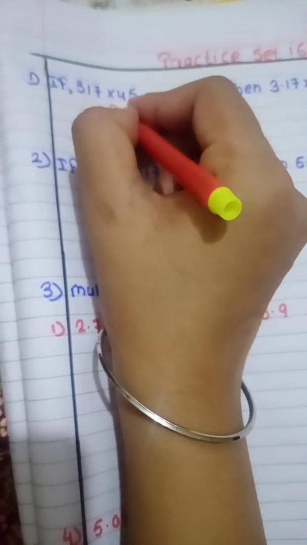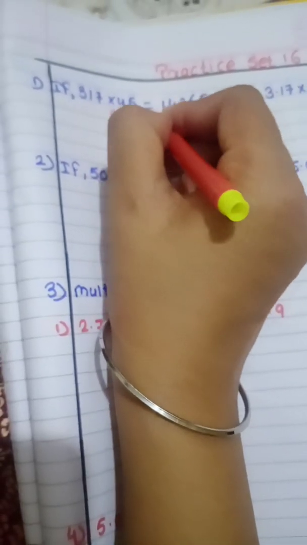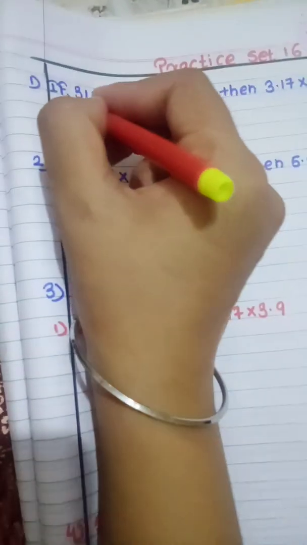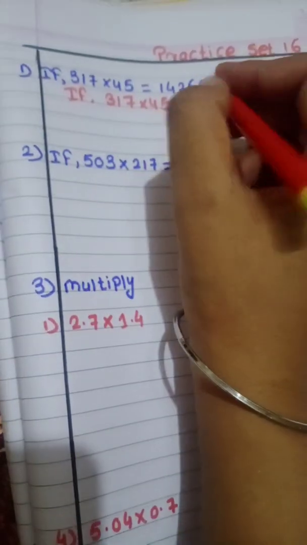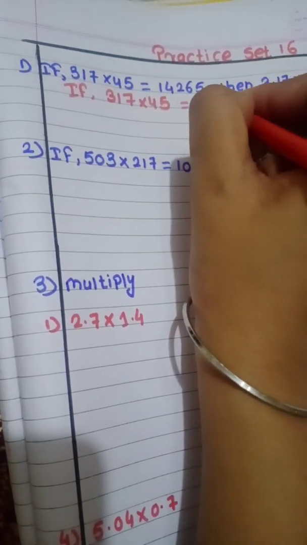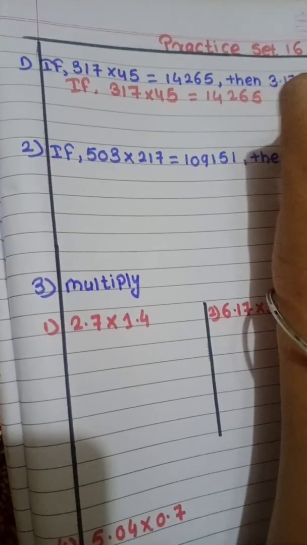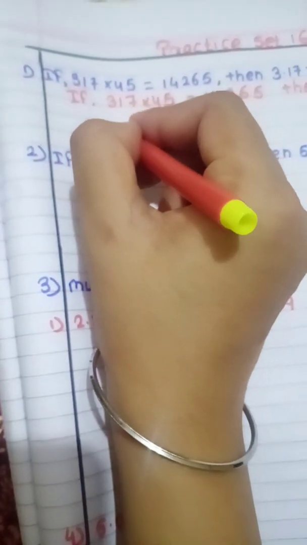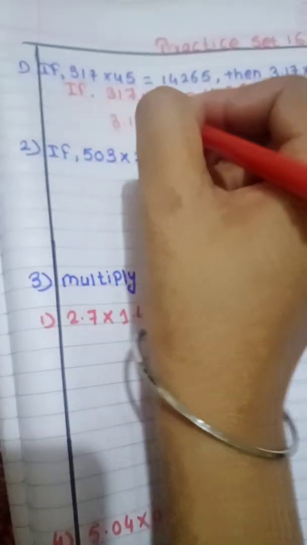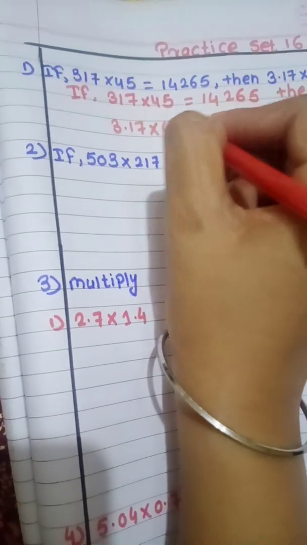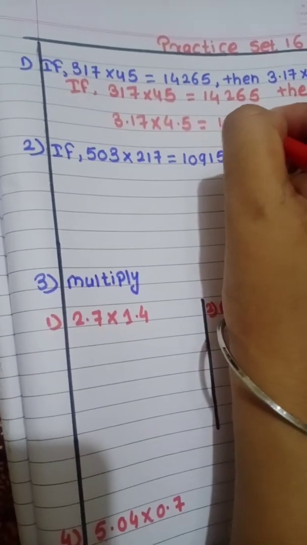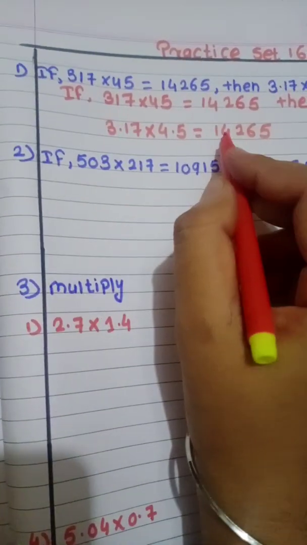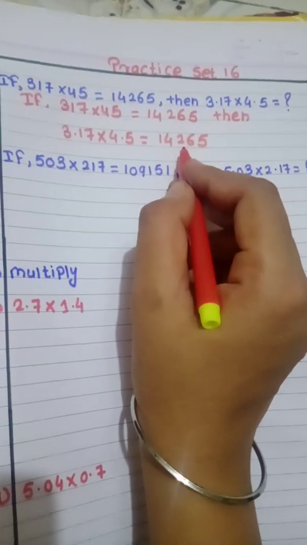Now see, we will write first 317 multiplied by 45 is 14,265. Then 3.17 multiplied by 4.5, the answer I am getting is the same, 14,265.